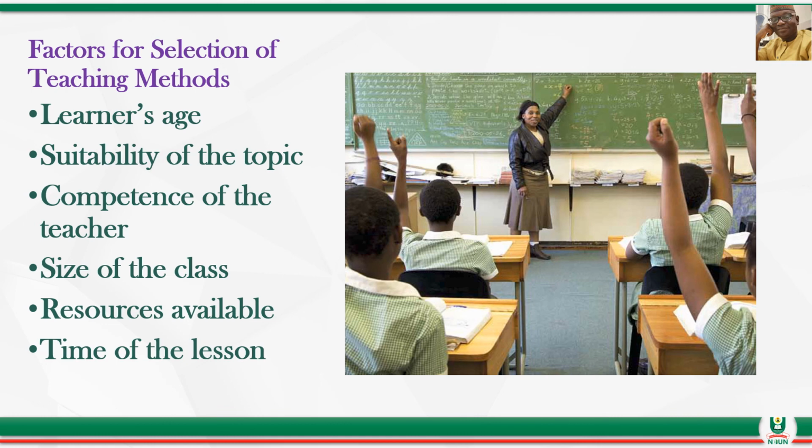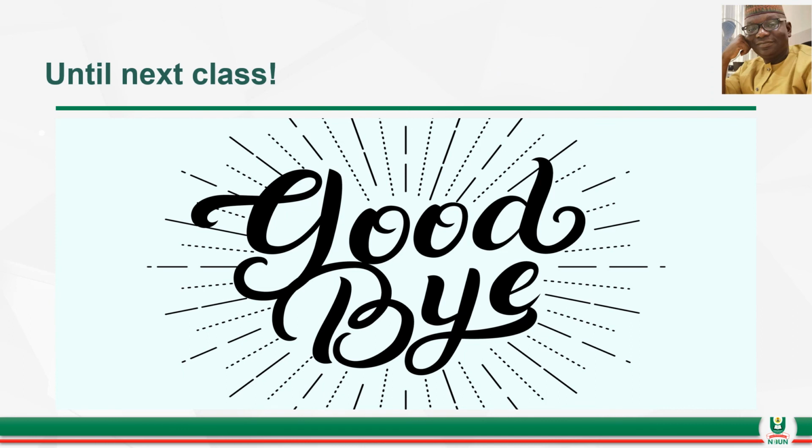And the time of the lesson: learners are more active in the morning than later in the day. So this is also very important in the selection of the method to be used during the class.